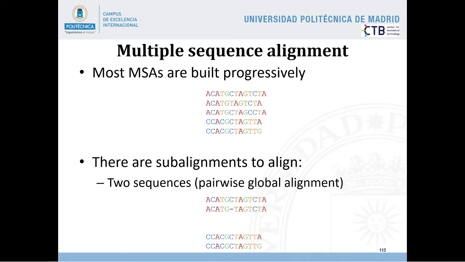And then we are going to progressively add the other alignments that we have done until we have the whole alignment with all the sequences. As I said, first we need to determine which sequences are the closest, the pairs that have the higher similarity.